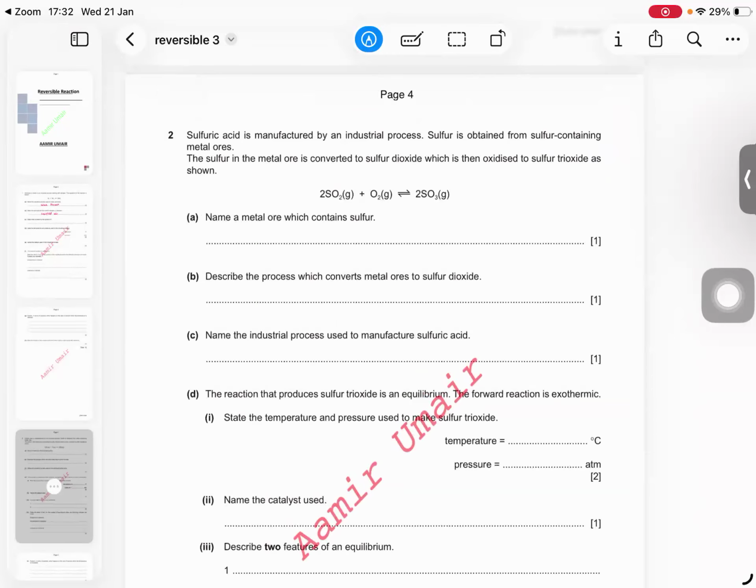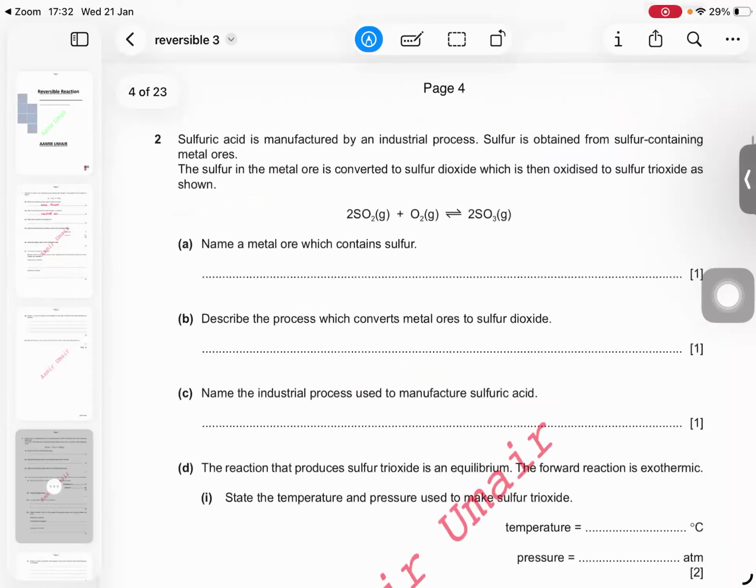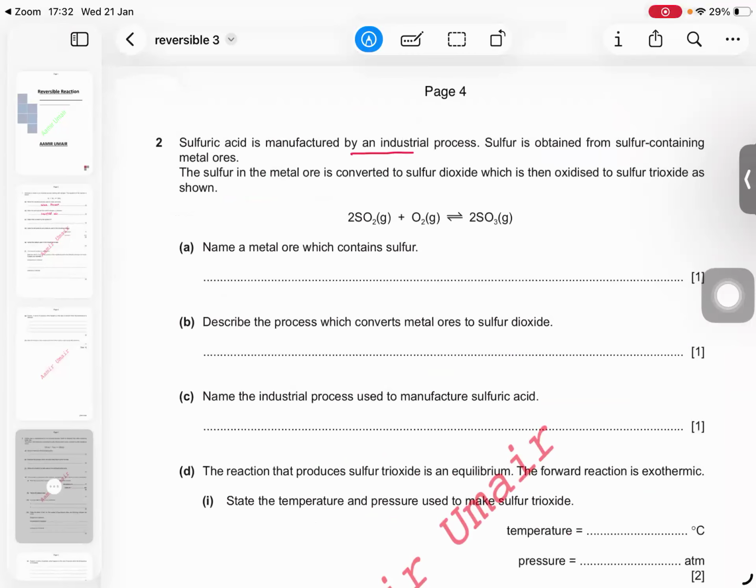Name a metal ore which contains sulfur. No, read it carefully. Sulfuric acid is manufactured by an industrial process. Sulfur is obtained from sulfur-containing metal ores. We did this yesterday. The metal ore is converted to sulfur dioxide, which is oxidized to sulfur trioxide as shown.